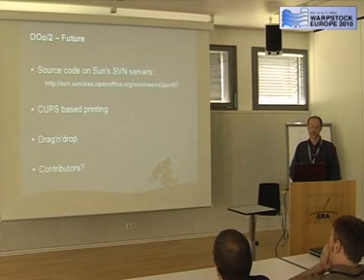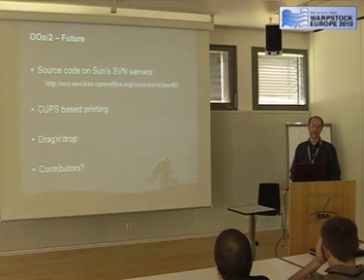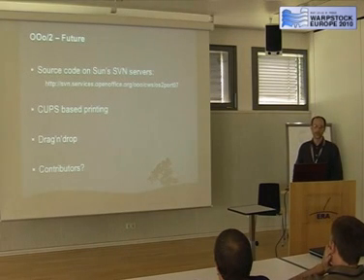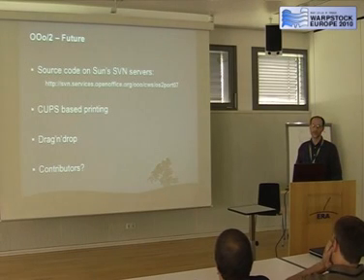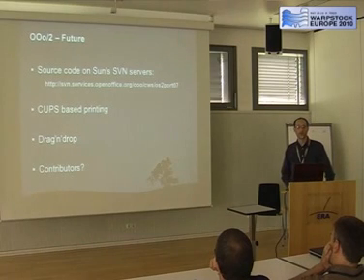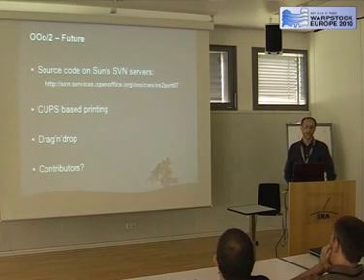What can we do in the future? The source code for OpenOffice OS2 is already on a public subversion server. You can get it with anonymous access, and use this source code to recompile OpenOffice OS2.